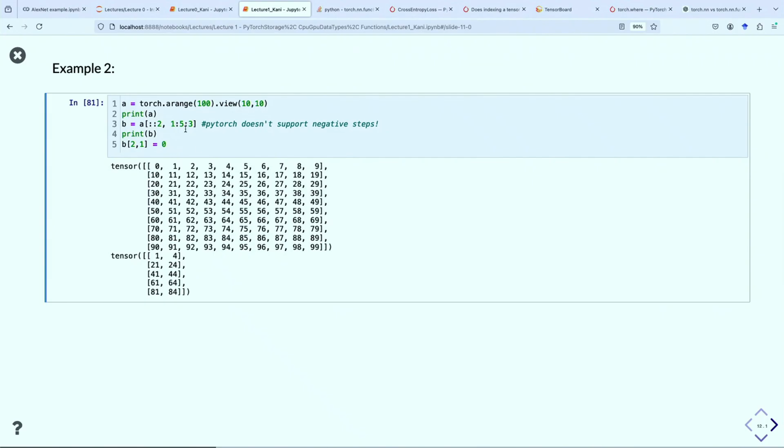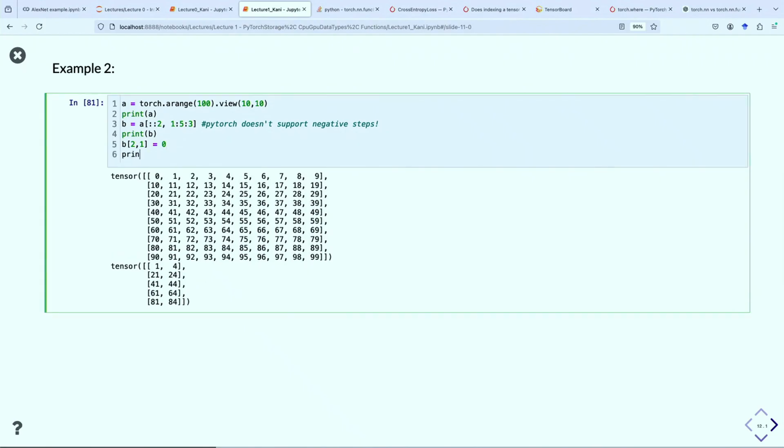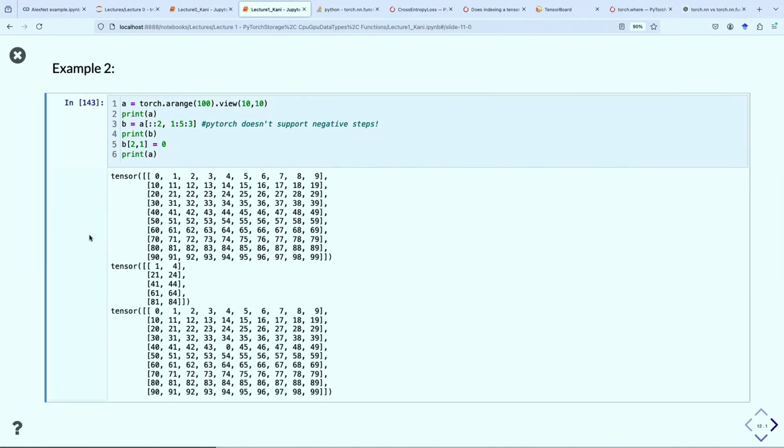So a little bit of advanced slicing here. And of course, if we change the value in B, let me print A again. That might be good. We also see that the value in A changes as well. Okay.